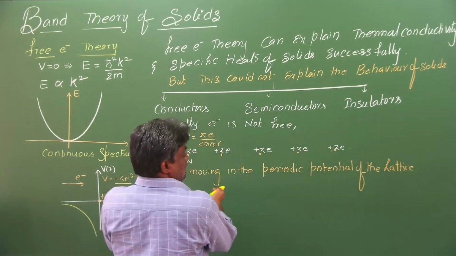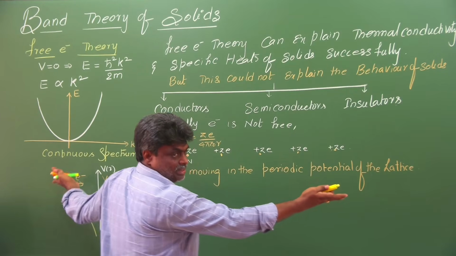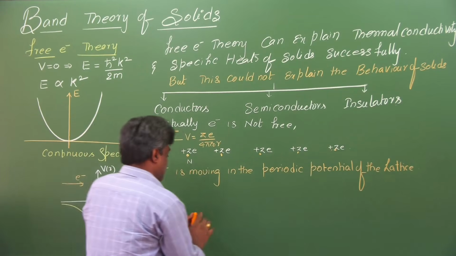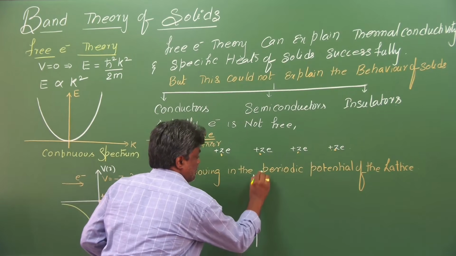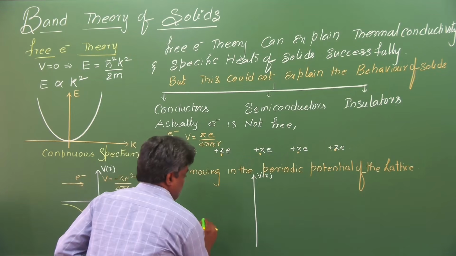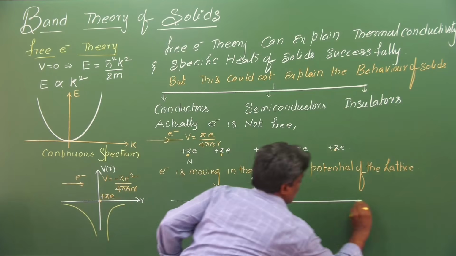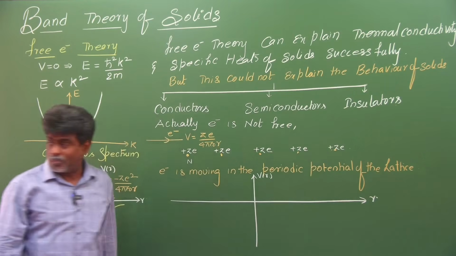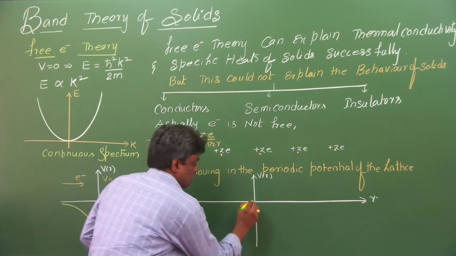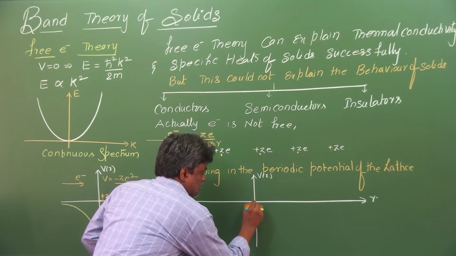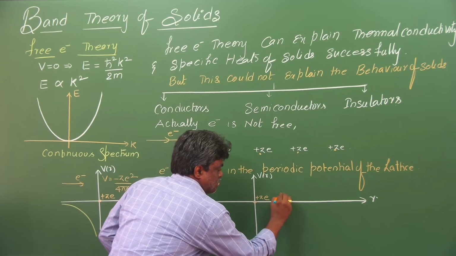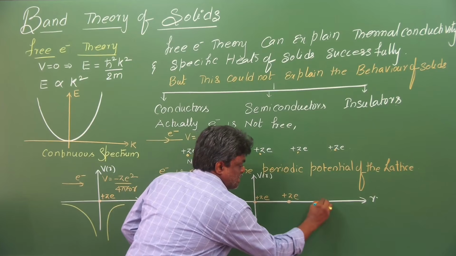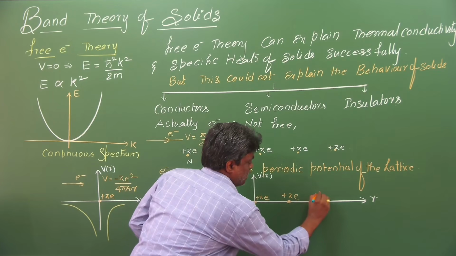But a lattice is a combination of so many positive ion cores. That's why we have to assume this is the potential energy, and this is R. This is the positive ion core plus Ze, and again this is also plus Ze, and this is also plus Ze.